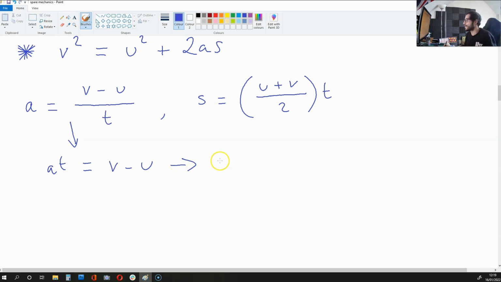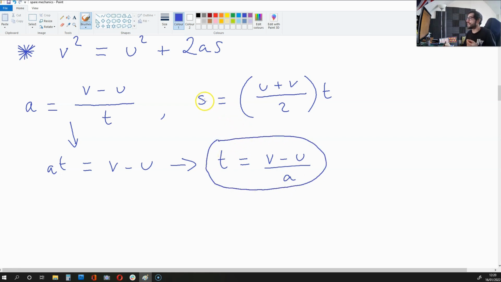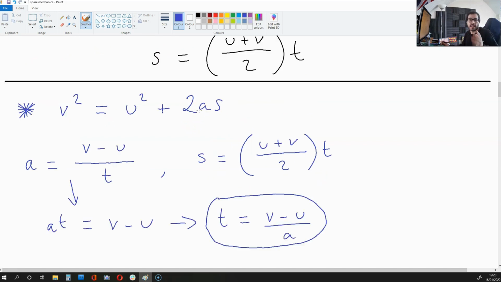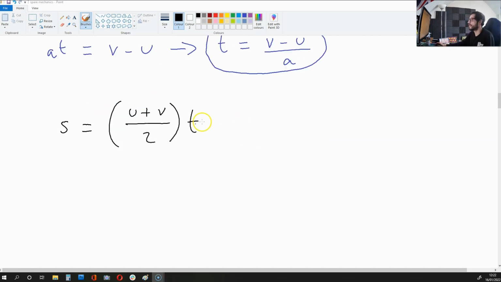So what we get is T is equal to V minus U over A. Now what we're going to do is plug this into this S equation over here, and this will eventually give us this formula over here.